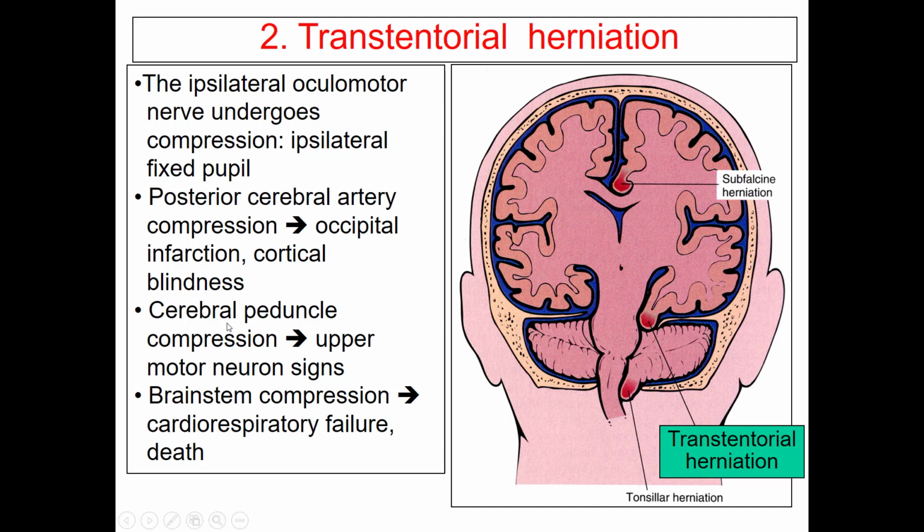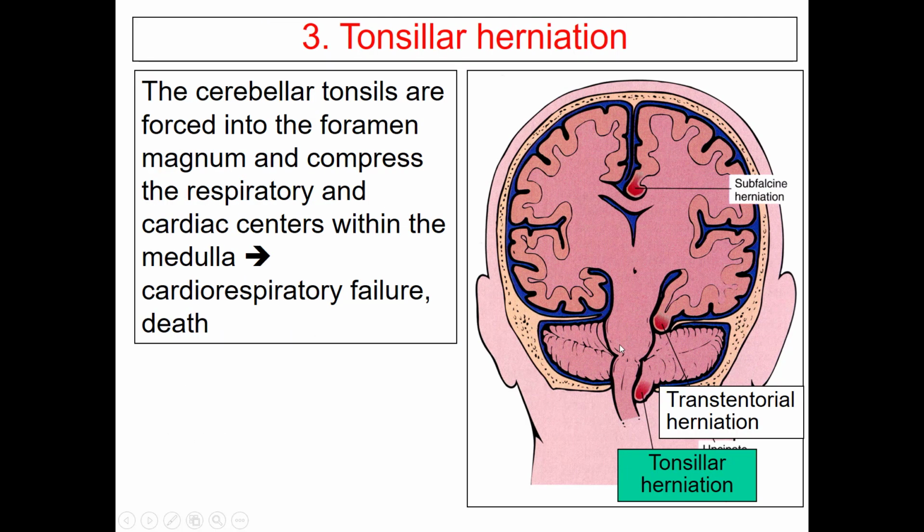And the compression of the cerebral peduncle results in upper motor neuron signs and the brainstem compression, because here in this area you see the reticular formation with the centers for regulation of cardiorespiratory function, may cause quite quickly the death of the patient.